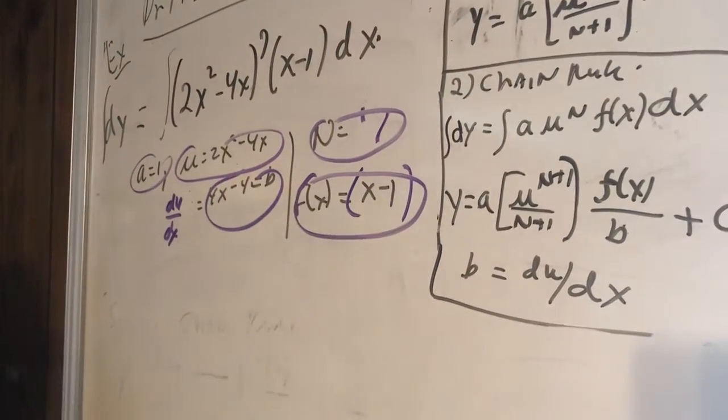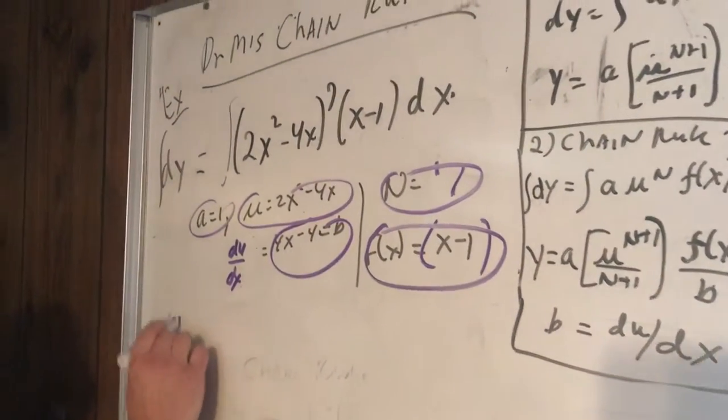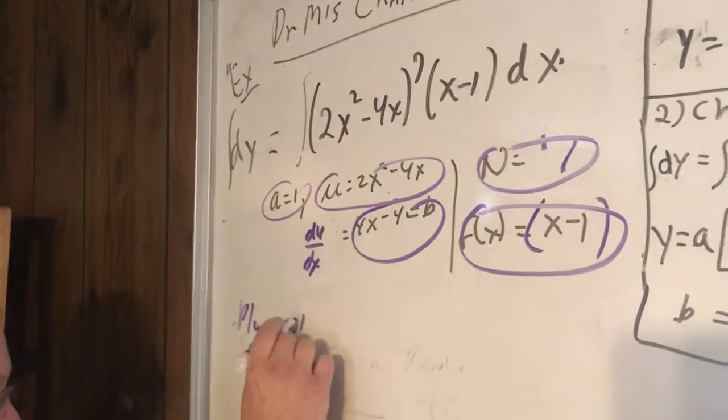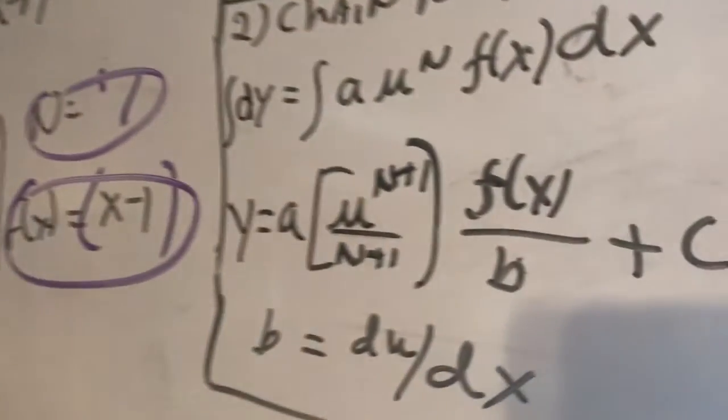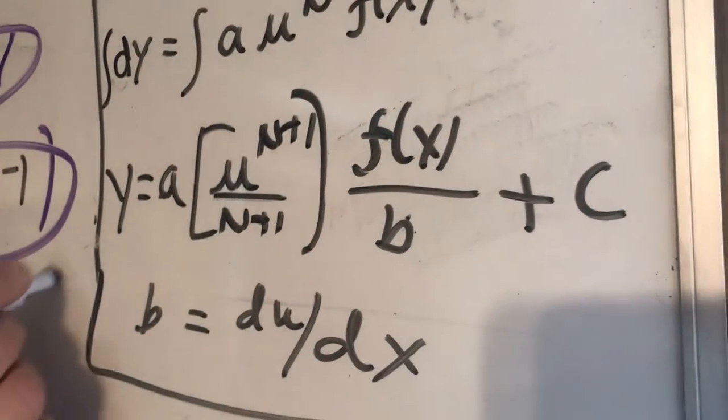equals 7. So I'm going to plug these into the chain rule, which is this one over here.